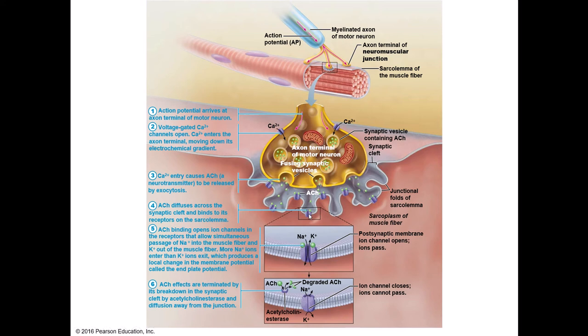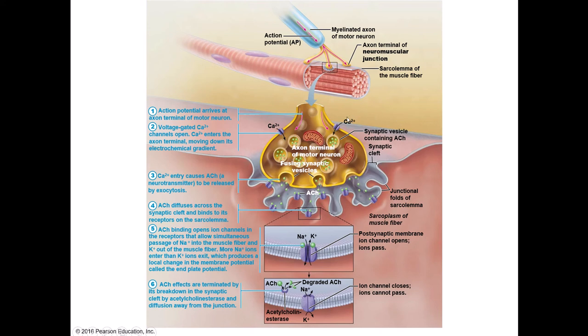So when you decide to activate a particular skeletal muscle, your brain sends a signal out to the spinal cord, which then sends a signal out along this motor neuron, and the action potential arrives here at the axon terminal. When the membrane potential of the axon terminal changes, that opens voltage-gated calcium channels in the axon terminal.